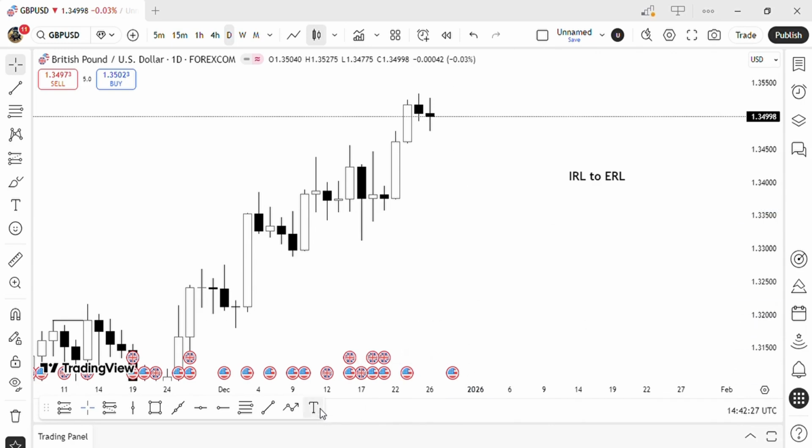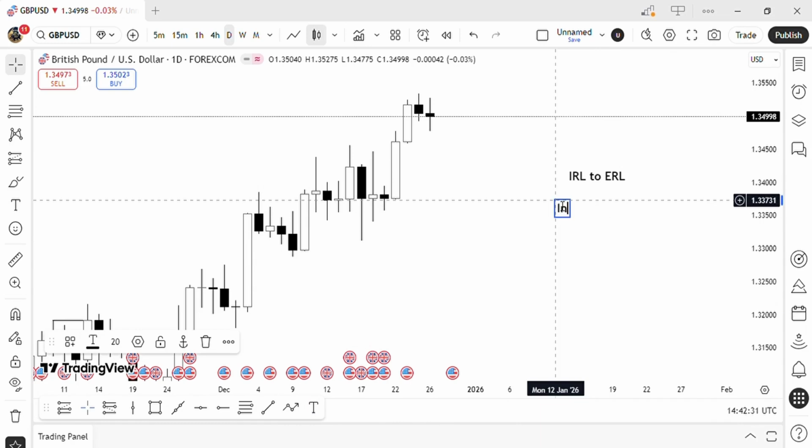It simply means the internal range liquidity. I was talking about liquidity in my previous video, and I was saying it is one of the bedrocks of trading. As a trader, you have to understand liquidity well, right?